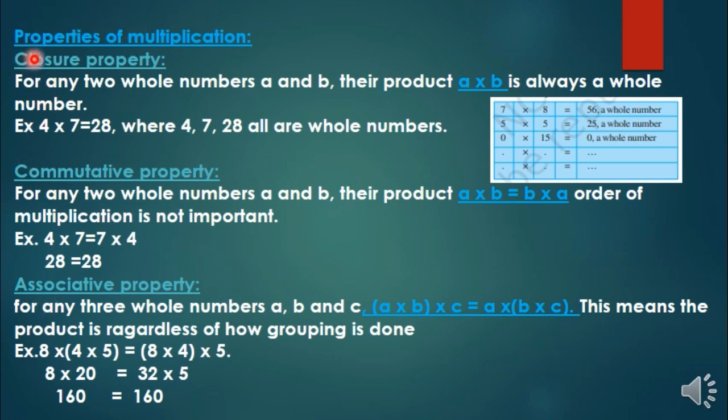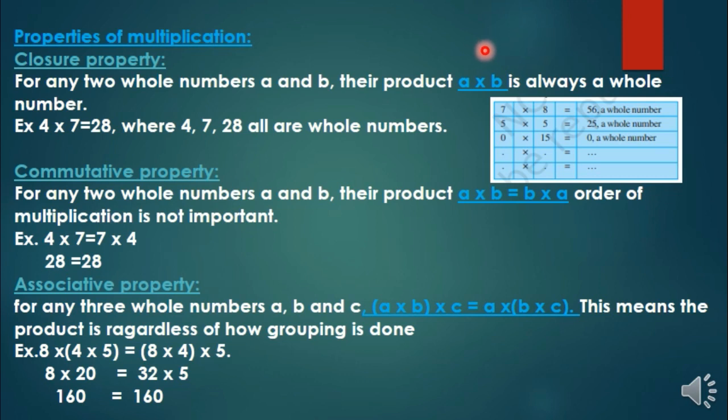So first property is again closure property. What does closure property say? For any two whole numbers, again a whole number, but here it is for multiplication. So for any two whole numbers a and b, their product a multiplied by b is always a whole number. See, 7 multiplied by 8 is equal to 56.